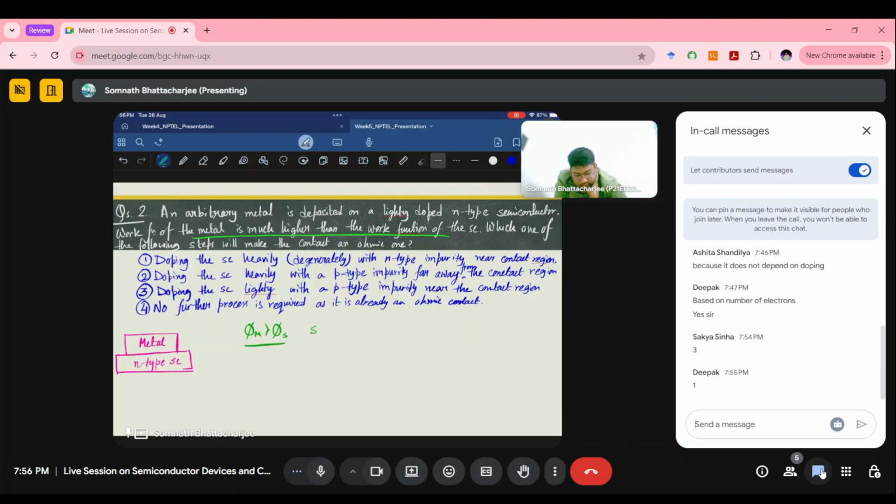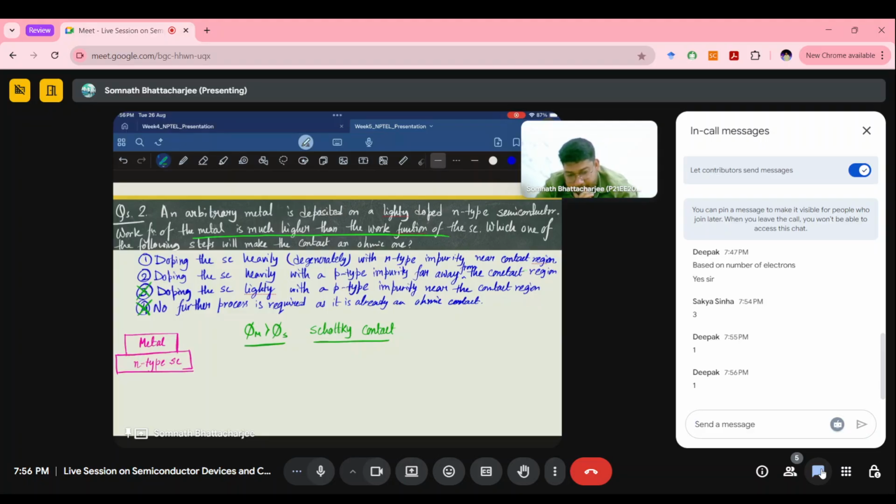So it is a Schottky contact. The fourth one is obviously wrong, and lightly doping is obviously wrong because it would make it a neutral one.